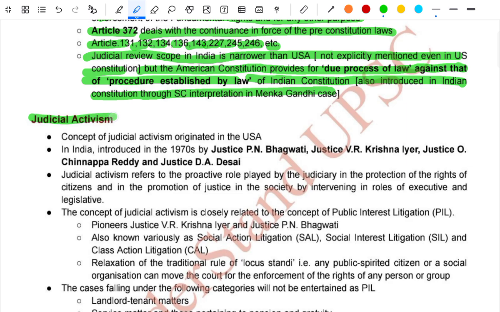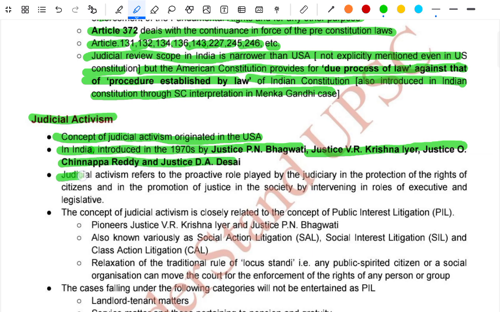Judicial activism. The concept of judicial activism originated in the USA. In India, it was introduced in the 1970s by Justice P. N. Bhagwati, Justice V. R. Krishna Iyer, Justice O. Chinnappa Reddy, and Justice D. A. Desai.